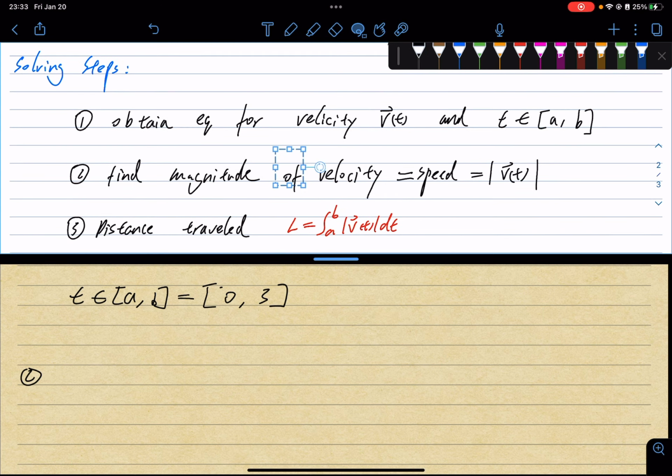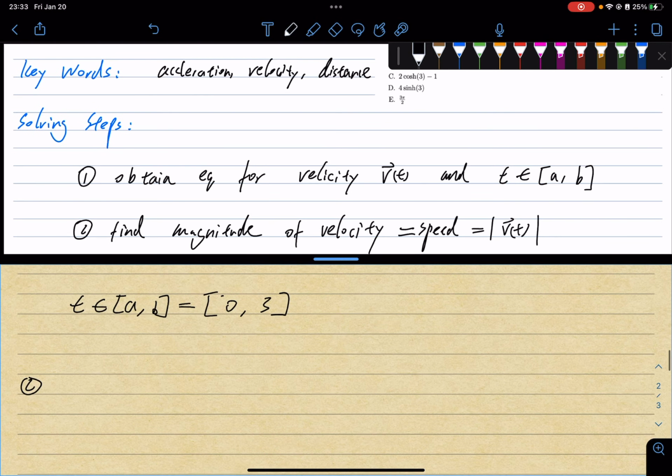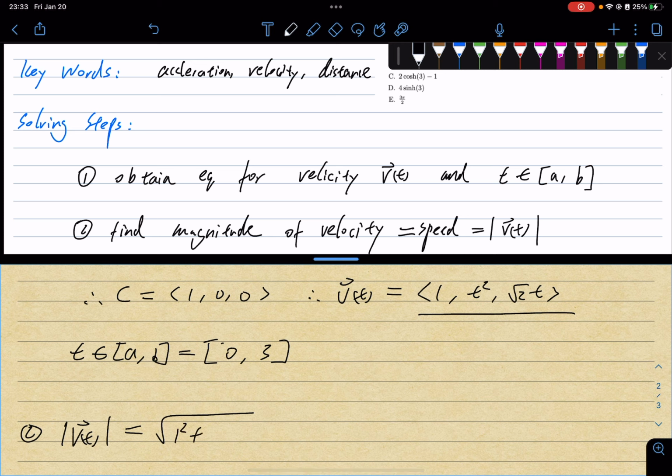The magnitude of v of t: we square each of these components, 1 squared plus t squared squared plus root 2t squared, which equals 1 plus t to the 4th plus 2t squared.